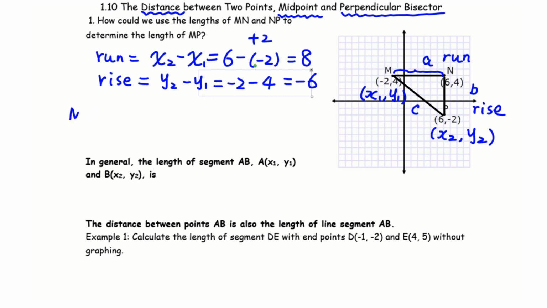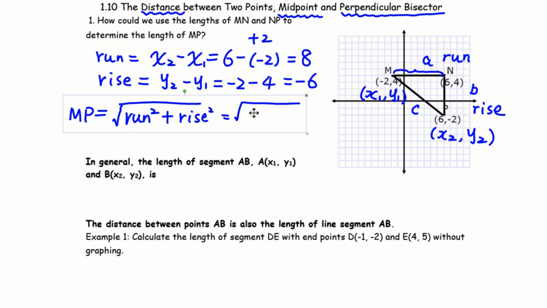So MP equals C. It is the square root of A squared plus B squared. It is run squared plus rise squared. We sub in 8 squared plus -6 squared.